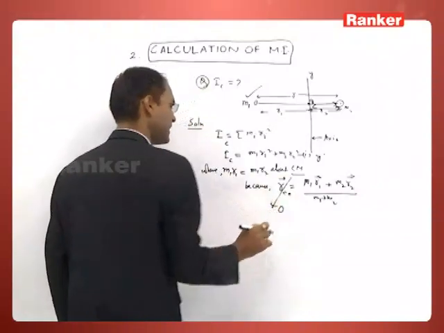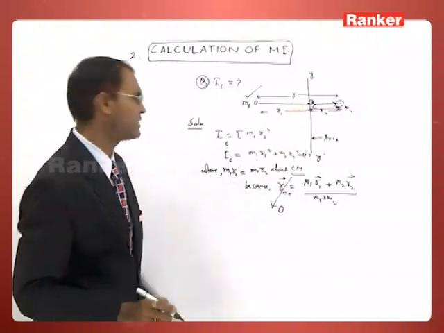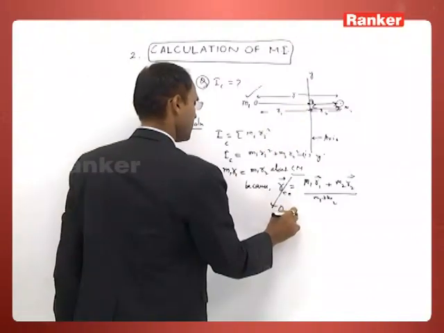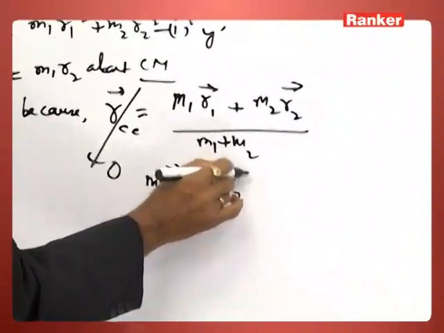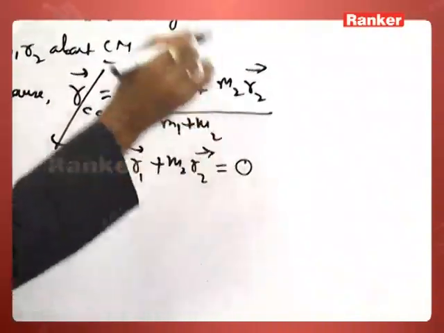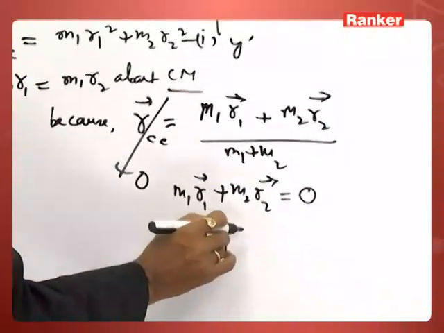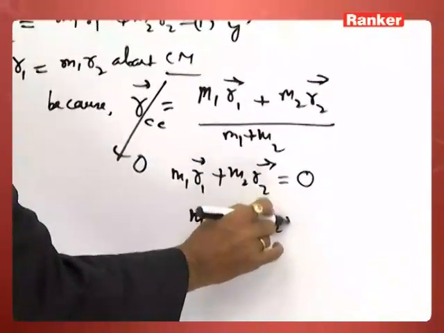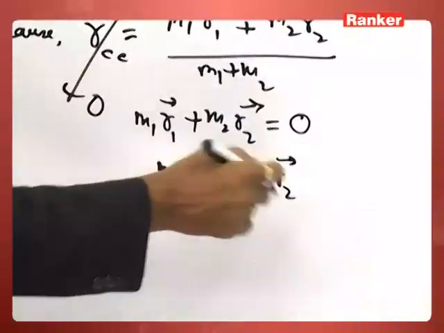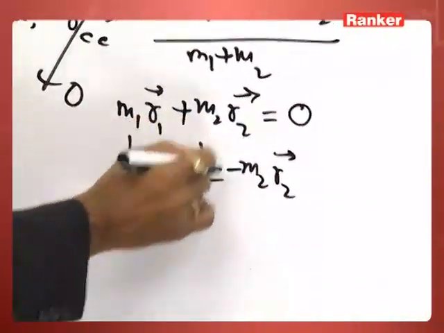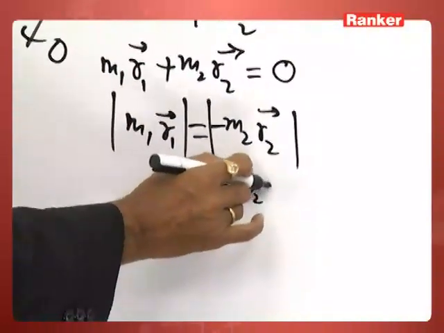Since the position vector of the center of mass with respect to itself is 0, we can write m1 r1 plus m2 r2 is equal to 0. So m1 r1 vector is equal to minus m2 r2 vector. If you take the magnitude, you get m1 r1 is equal to m2 r2.